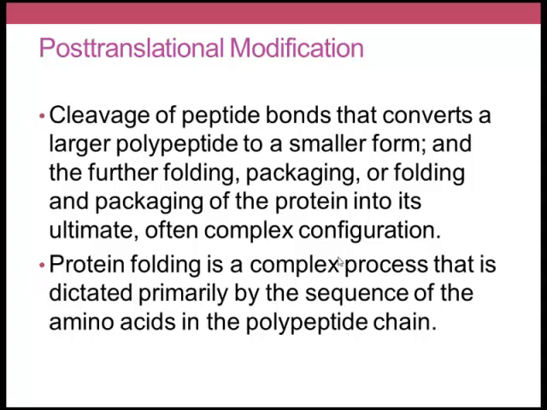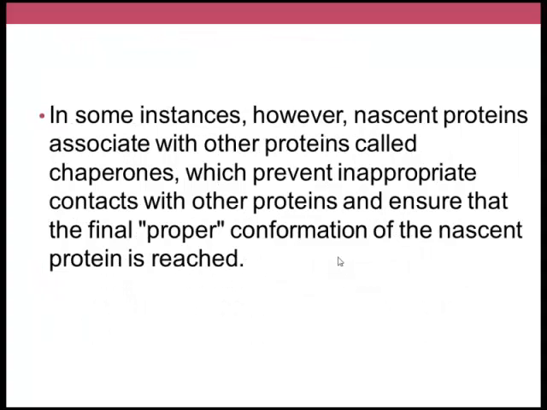Protein folding is a complex process that is determined by the sequence of amino acids in the polypeptide chain. In some instances, nascent proteins associate with other proteins called chaperones, which prevent inappropriate contact with other proteins and ensure that the final proper conformation of the nascent protein is reached.